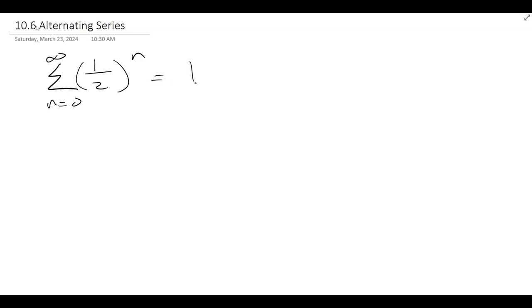Well, it starts with a 1, because anything to the 0 power is 1, plus 1 half plus 1 half squared plus 1 half to the third plus 1 half to the fourth. So you get the idea. You know your geometric series, r equals a half. We can easily state what that series does, knowing that r is less than 1, and we can say it converges.